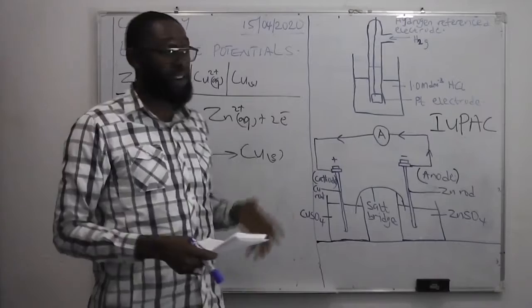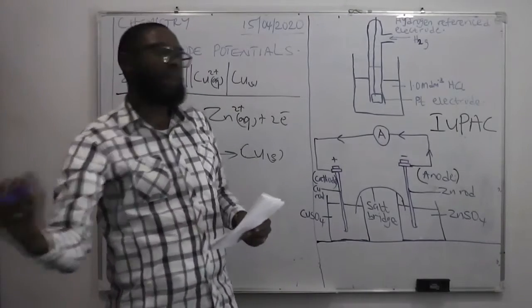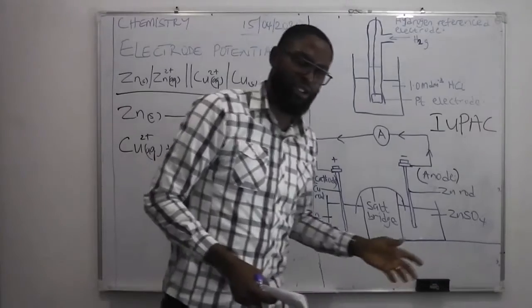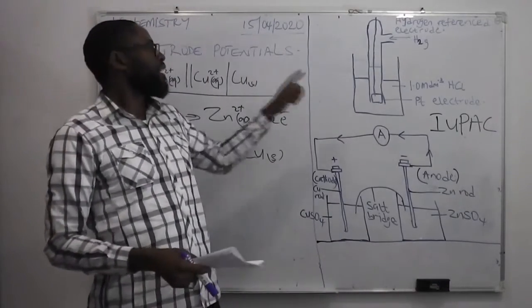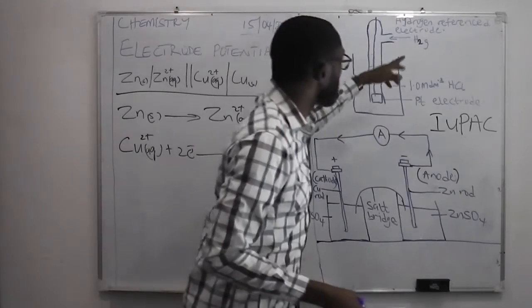It is going to have a negative value anytime electrons are flowing from the metal ion system to the hydrogen reference electrode, which is the standard. At any time that happens, the charge is going to be what?